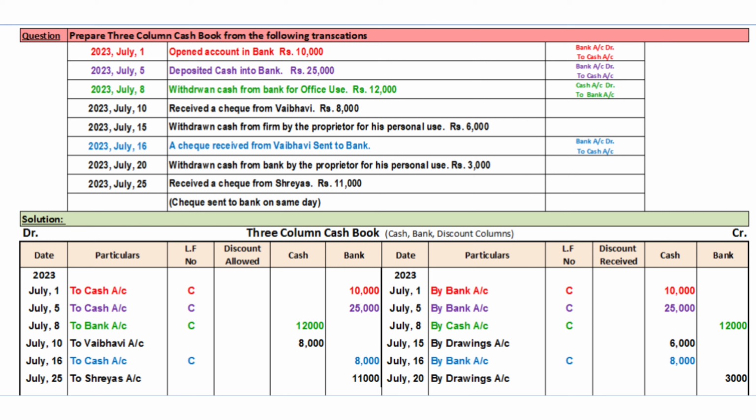So if the owner utilized cash from the firm, it is recorded in the cash column. If the owner withdrew cash from the bank, it is recorded on the credit side in the bank column.